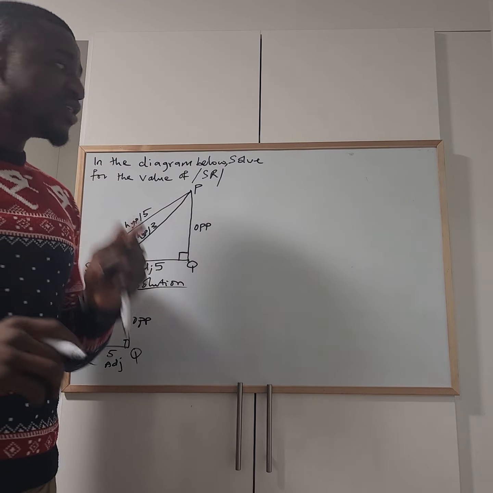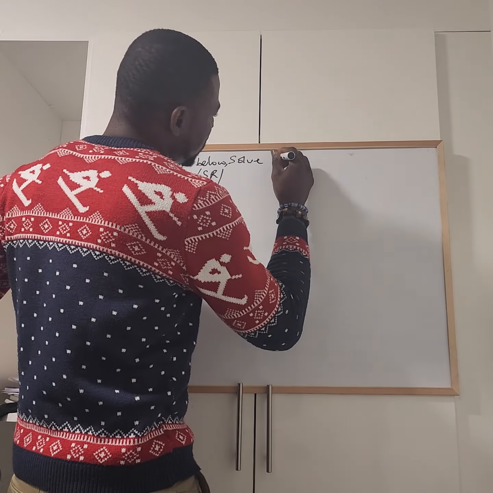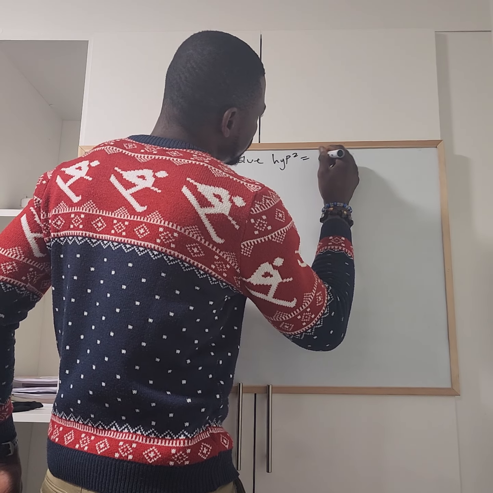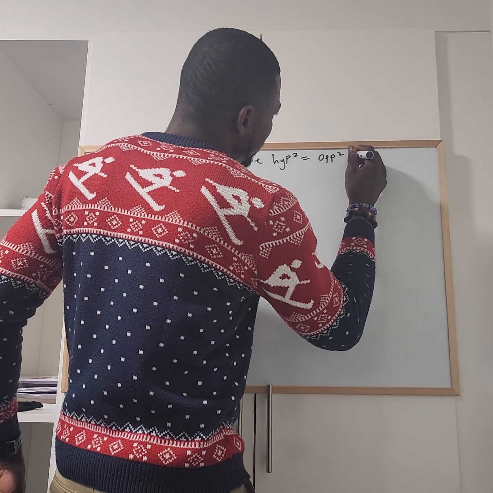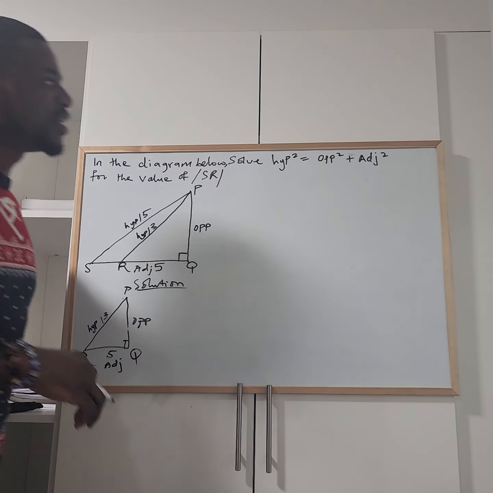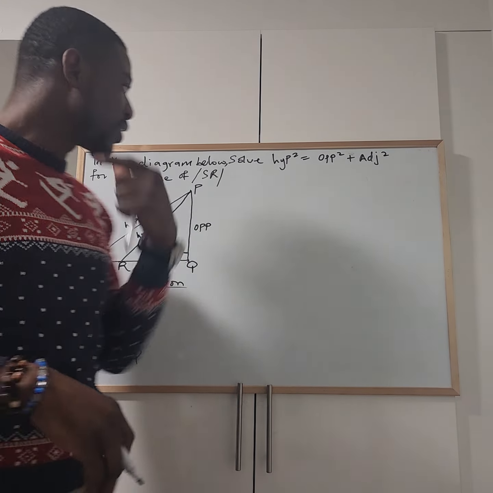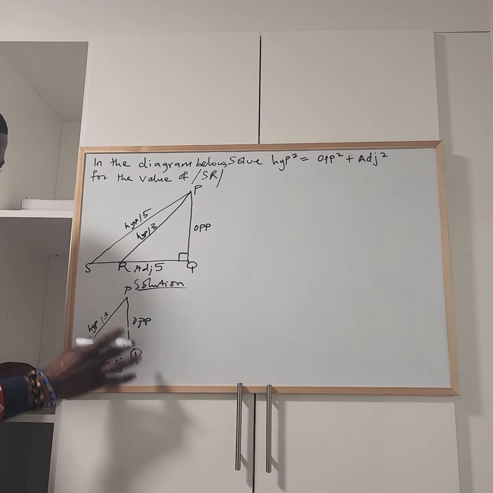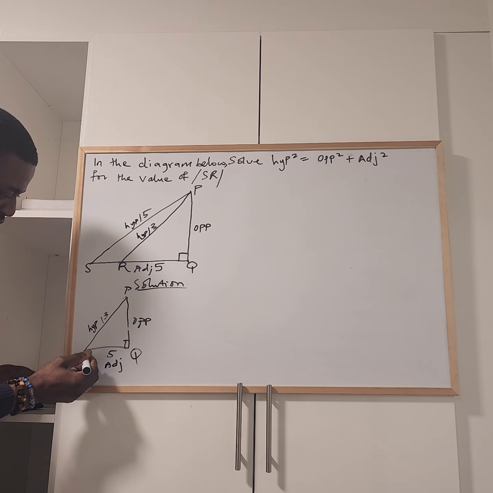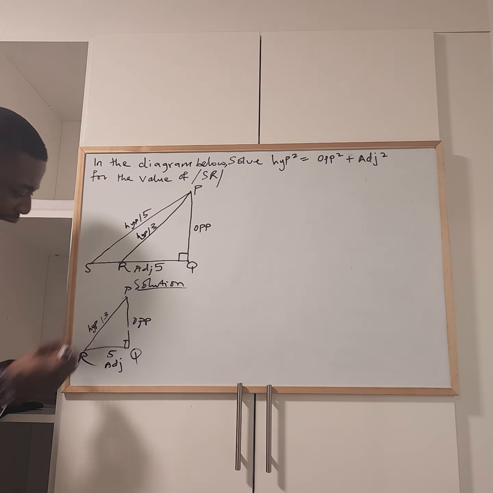According to Pythagoras theorem, it says that hypotenuse squared equals opposite squared plus adjacent squared. So this is what we are going to be using. From this diagram, the hypotenuse is from here to here, which we can call PR.